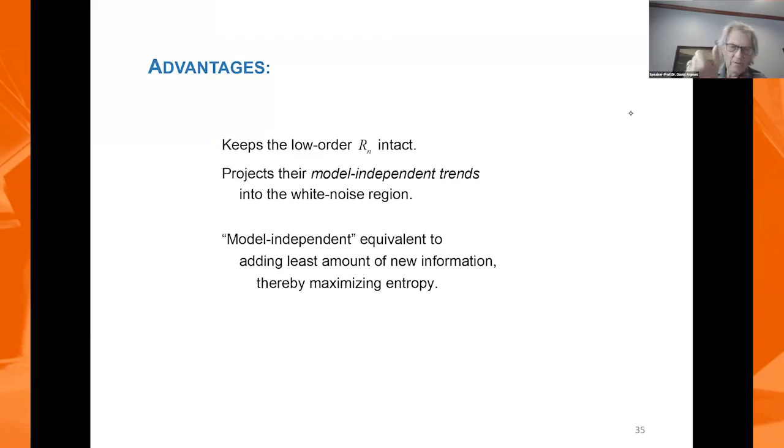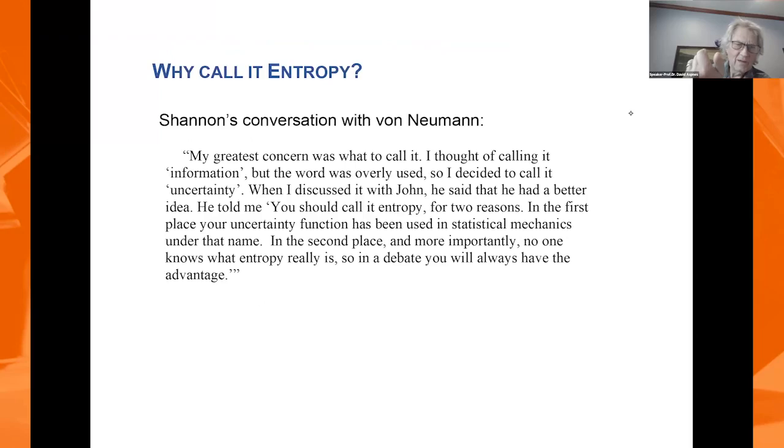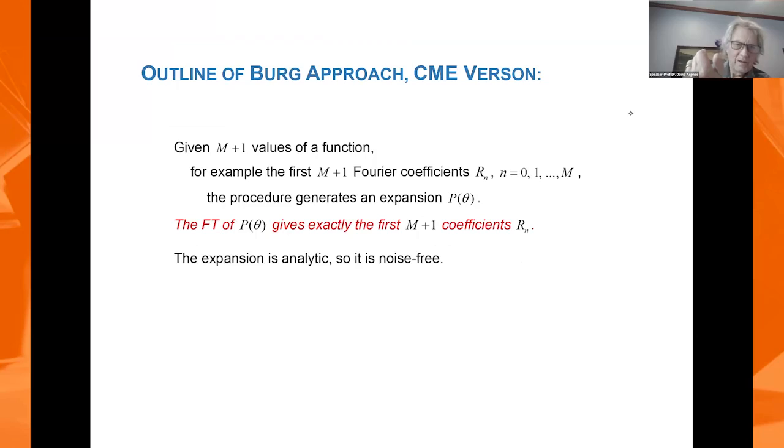Now I'm going to skip over some slides because I don't have time to go through it in detail. We don't care so much about the history of entropy or the conversation that Shannon had with von Neumann. But I am going to go over what the CME does and how we can do it.